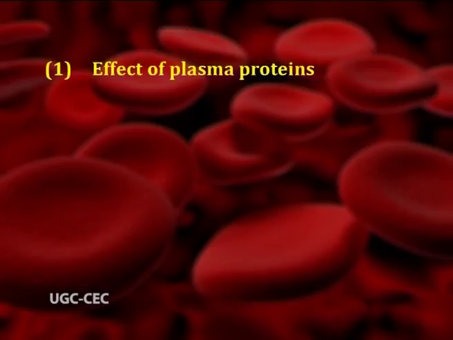Factors affecting the ESR. First is the effect of plasma proteins. Changes in plasma proteins occur rapidly following tissue injury or in response to inflammation. Increased concentration of fibrinogen and immunoglobulins will increase rouleaux formation and hence the rate of sedimentation. Plasma albumin retards sedimentation of RBCs.